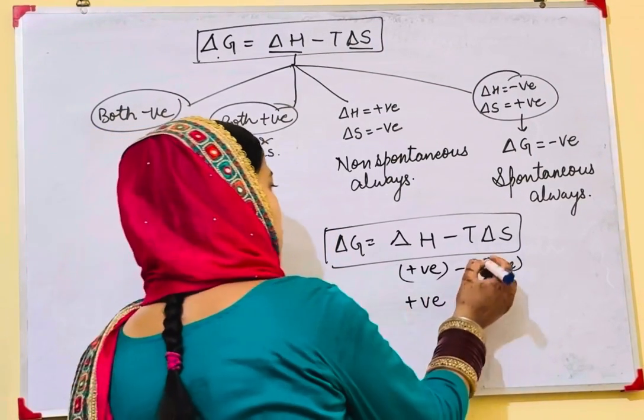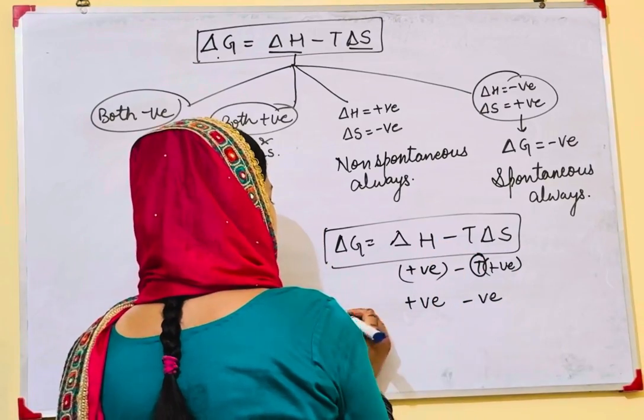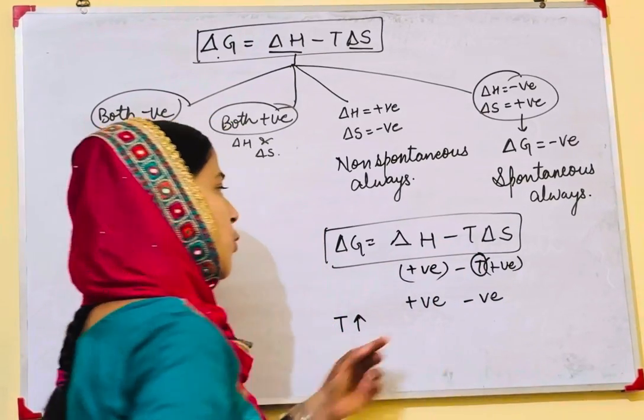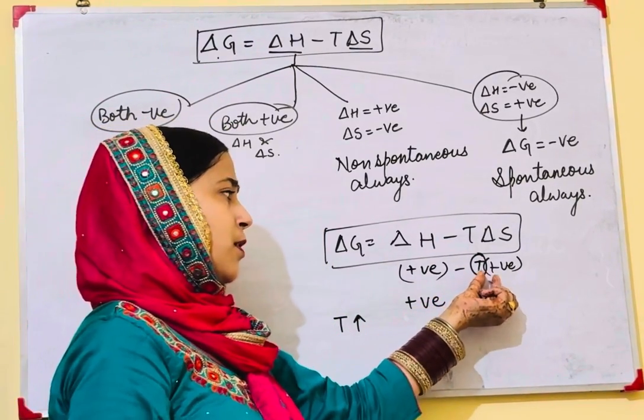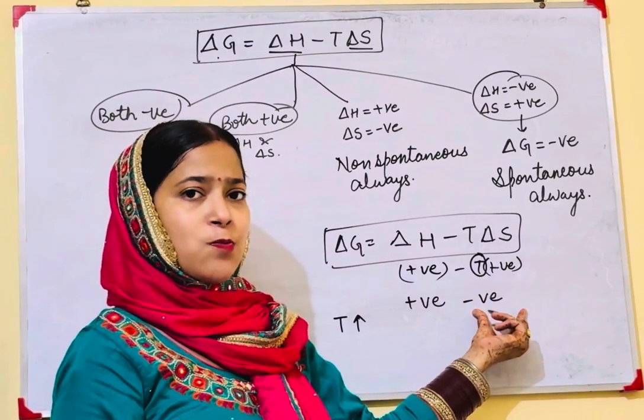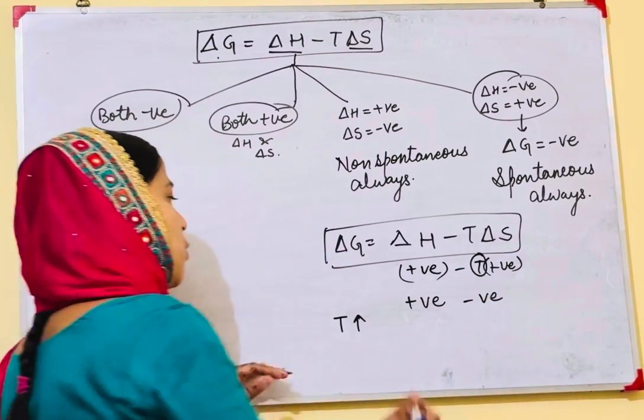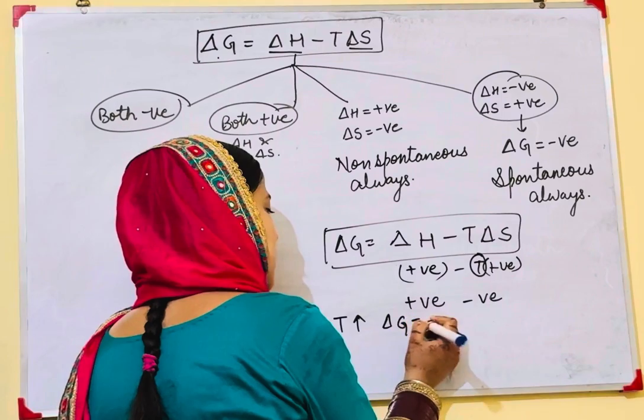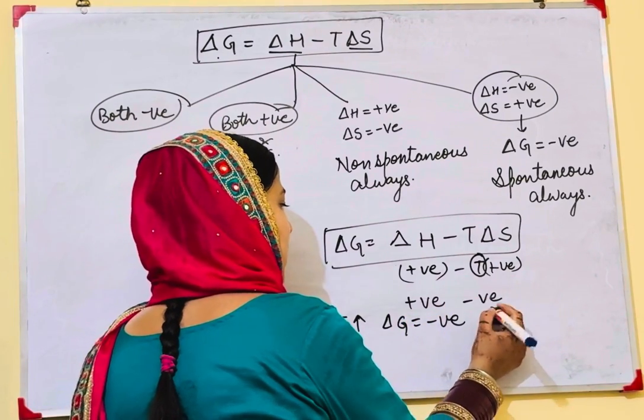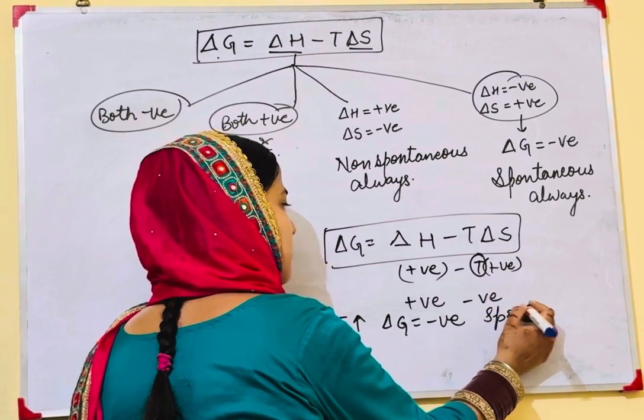Now, if we talk about the next factor, temperature: if temperature is more, this negative value is more. If the negative value is more, then delta G is negative and the reaction is spontaneous.